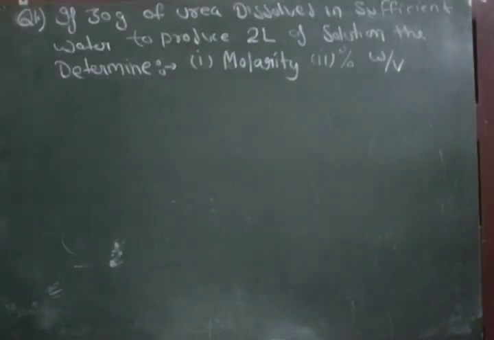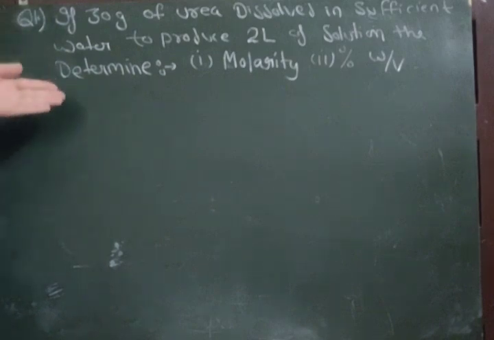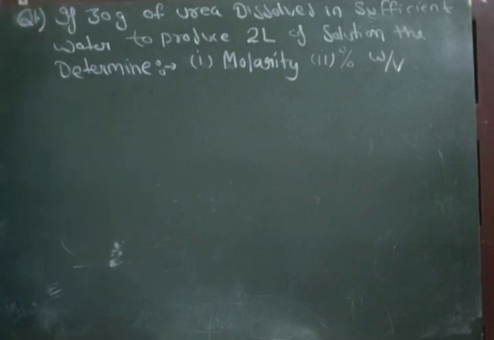So here we are discussing a numerical problem based on molarity, because molarity is a very important topic which contains lots of numericals, both in board exams as well as competition exams. So it is mandatory to make notes plus practice the numericals as well.